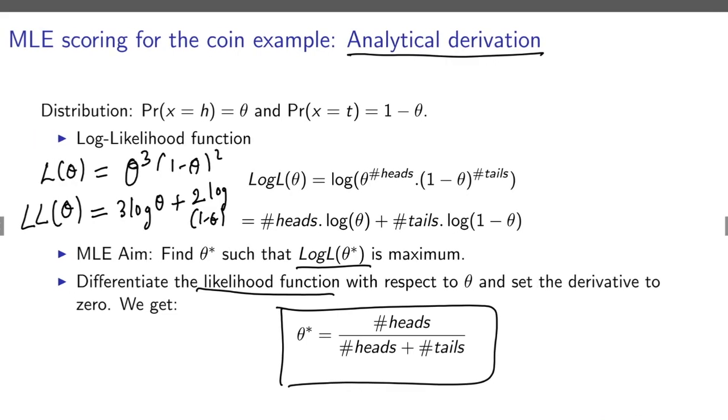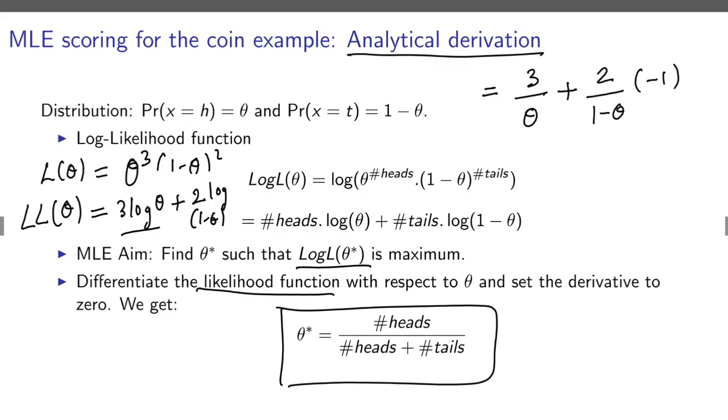What is the derivative? It is equal to 3 divided by theta, because the derivative of log theta is 1 divided by theta, plus 2 times 1 minus theta into minus 1.